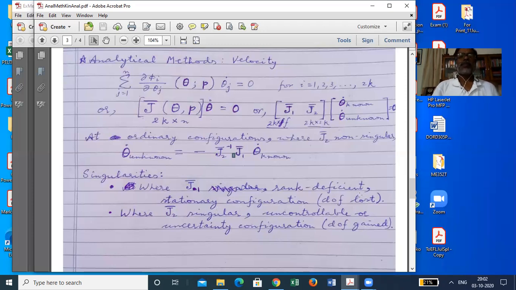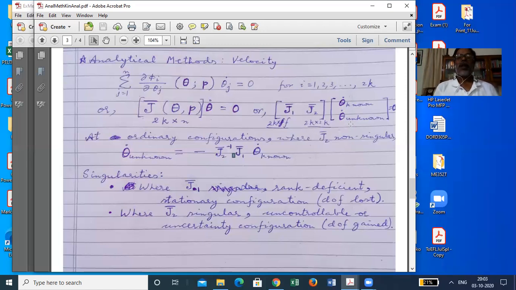On the other hand, if J2 becomes singular, rank deficient, here since it is square, so you can say singular, then there will be some motion of the output which multiplied with this will give you 0, and that means input is still 0. Okay, so that means even without an input you are getting an output. So in some alignments it might happen that even without input velocities, output may have some velocity.